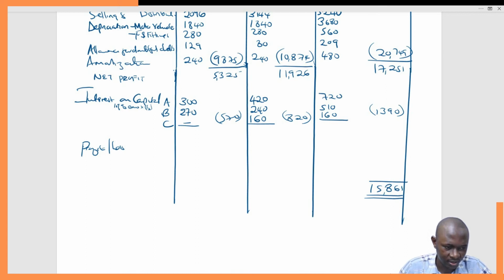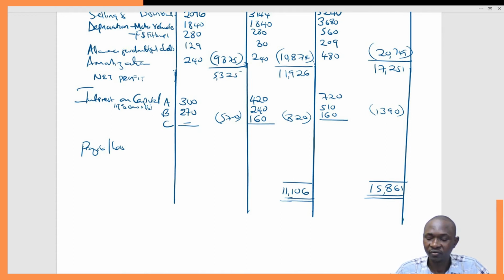Then the other side is 11,926 minus 820. This gives us 11,106. And then you have 53.25 minus 570. That gives us 47.55.